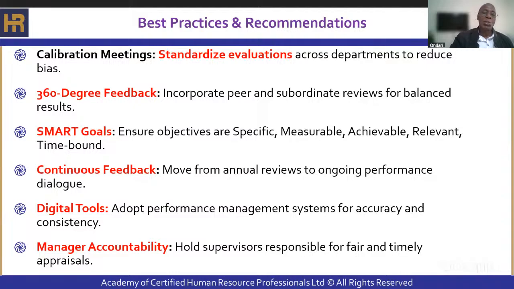360-degree appraisal is one of the best practices, where we get information or data from a variety of sources. So we can combine peer appraisal with downward appraisal, which is management appraisal, or we can combine peer appraisal, self-appraisal, and downward appraisal so that we are not biased.